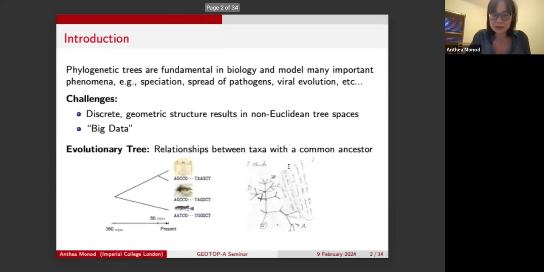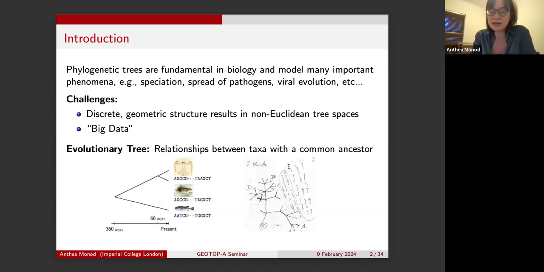So the background here: I've been working with biologists for a while, and I'm interested in phylogenetic trees. They work with a lot of evolutionary data, and this is captured in the fundamental model, which is a phylogenetic tree.